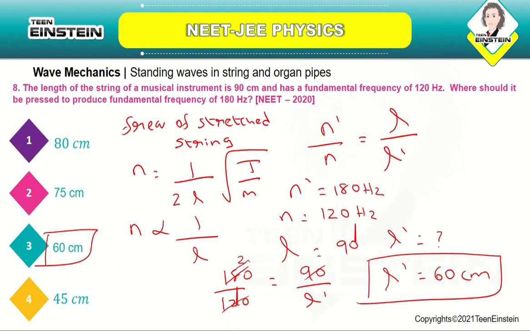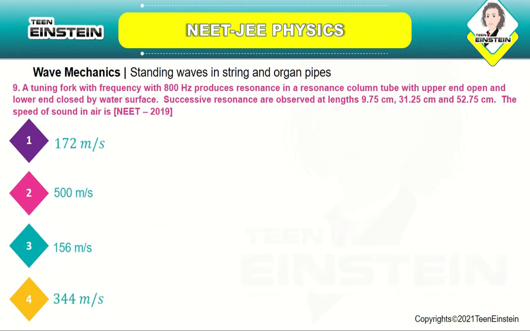You substitute and easily find the other length, that is, at which length you have to press it in order to produce a frequency of 180 hertz. So you need to press it at around 60 centimeters. Let us now move on to the next question.